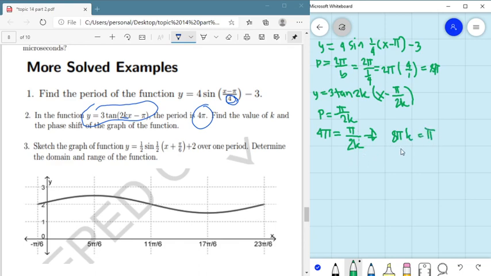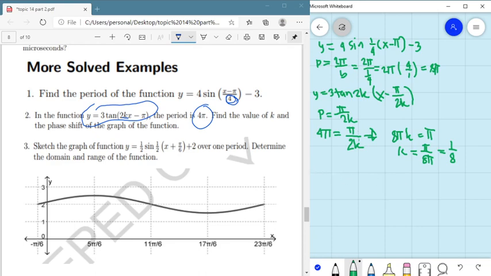So therefore, our k, when we divide both sides by 8 pi, is equal to pi over 8 pi, or simply equal to 1 over 8. Okay, so that's why the k is 1 over 8.